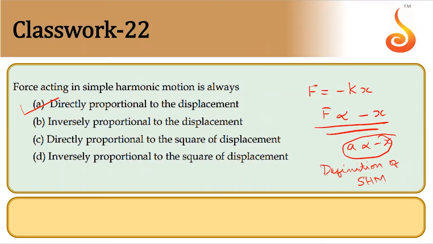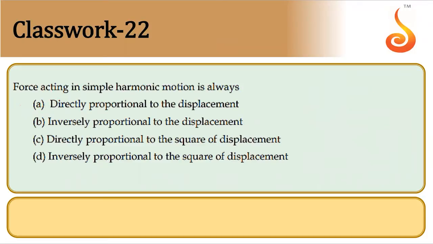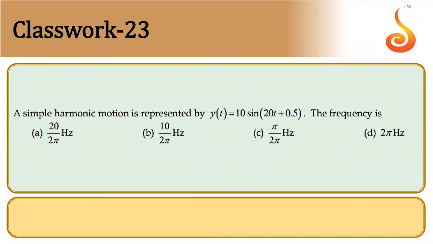Yes, hope you have taken this. Shall move on to next. A simple harmonic motion is represented by y of t equals 10 sine of 20t plus 0.5, then frequency is. See, simple equation.